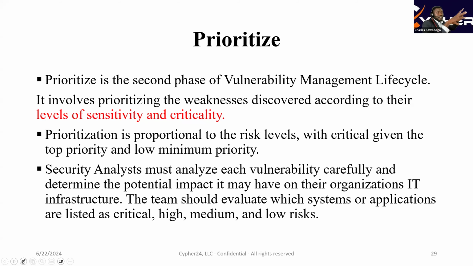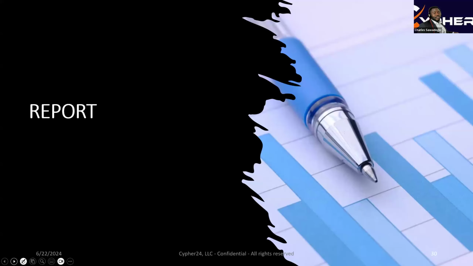Or just throw everything at the team and ask them to remediate it all? You need to learn how to prioritize by looking at the results. We're going to see how we can do that with Nessus or Qualys.